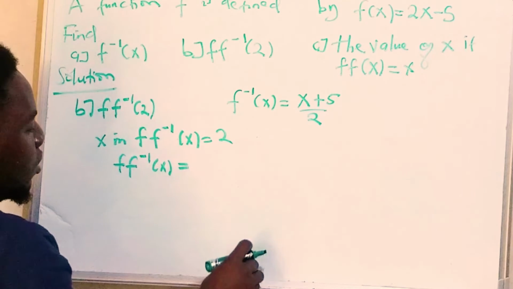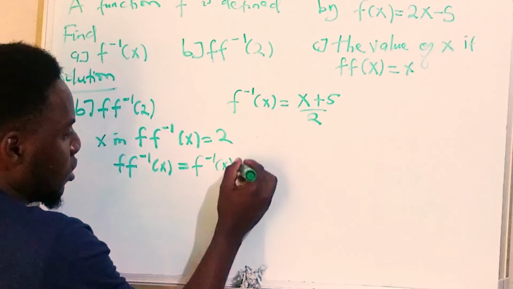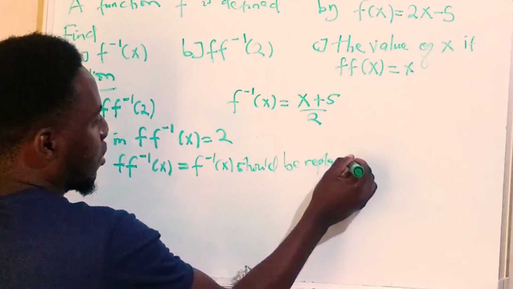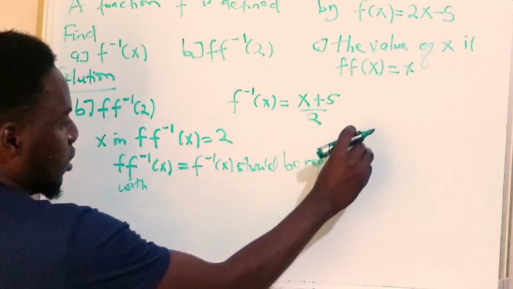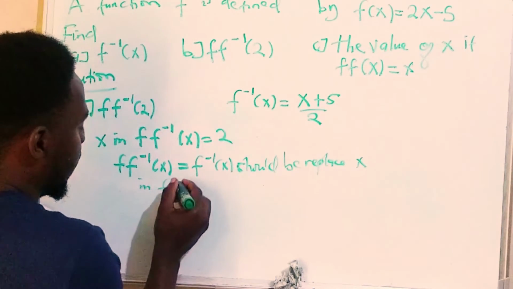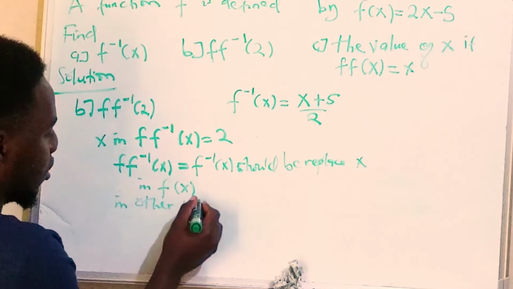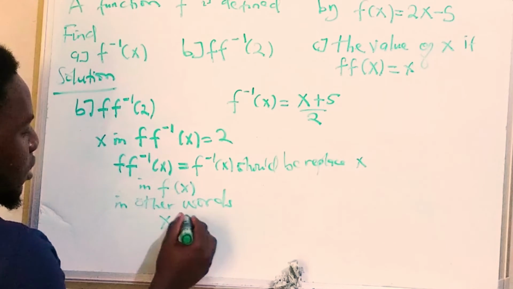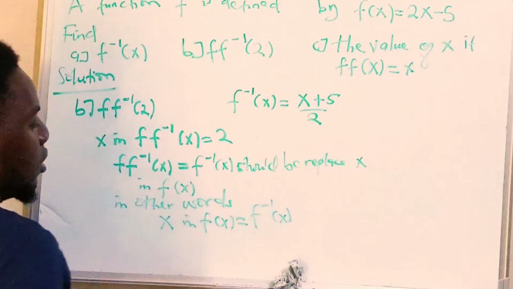It means that we replace x in f of x with f inverse of x. So that's the first thing we need to find.